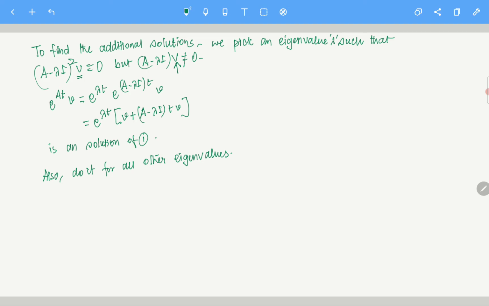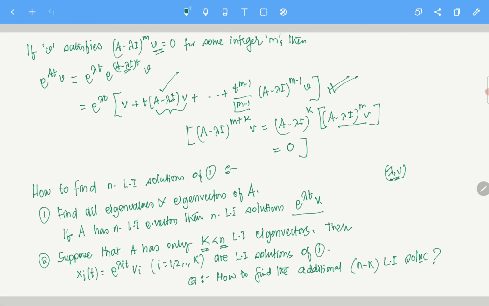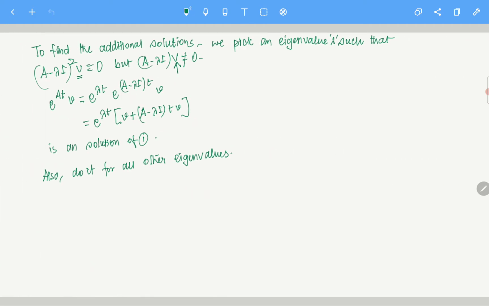I hope the algorithm is very clear to you. First, we have k linearly independent eigenvectors. I need to find more, so that I get the additional n minus k linearly independent solutions. How do I get them? I try to find a v such that (A minus lambda I) squared v is 0, but (A minus lambda I) times v is not 0.